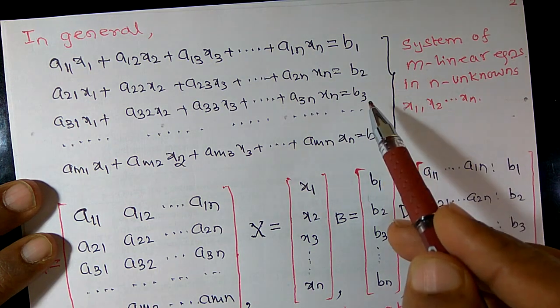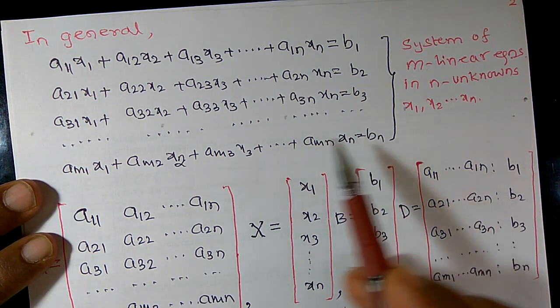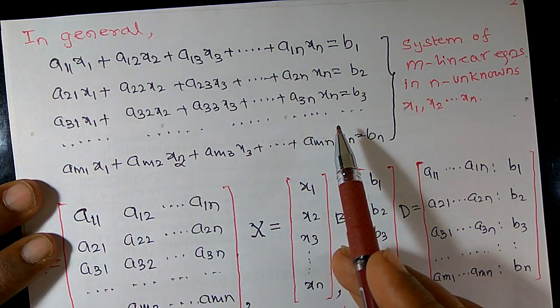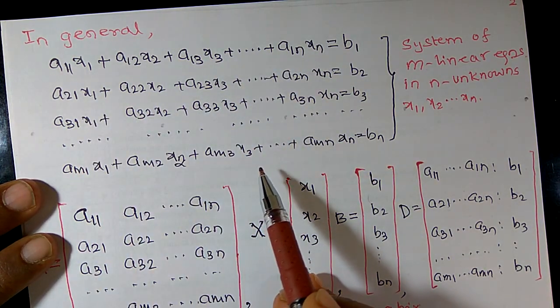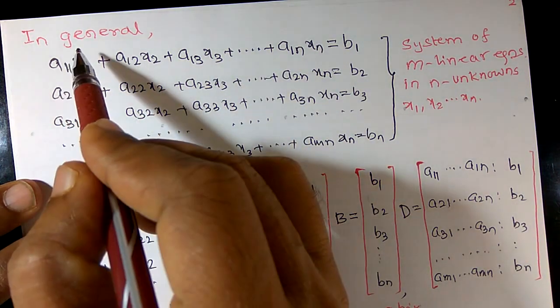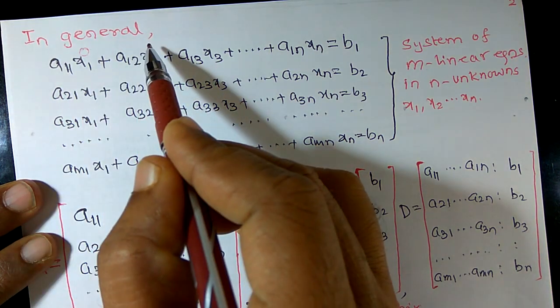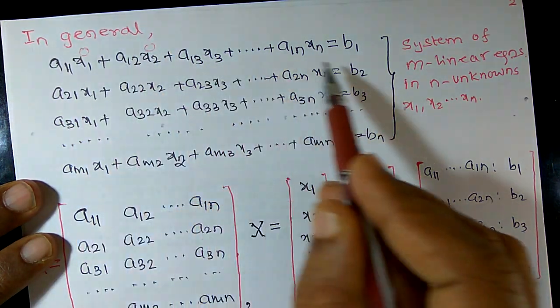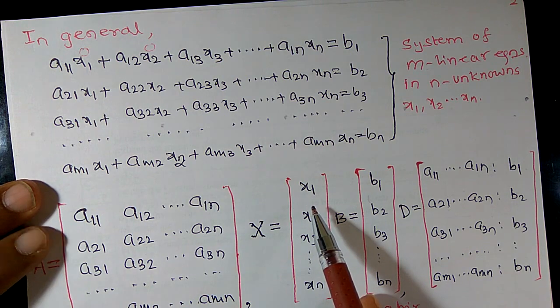If b1, b2 and so on are not equal to 0, then we call it a non-homogeneous linear system of equations. You can observe that the power of x1, x2, x3 and so on is 1.